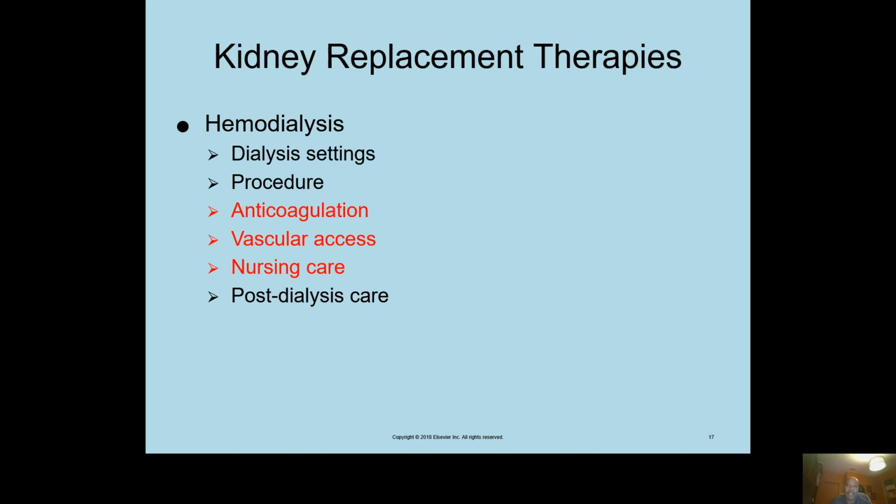Dialysate is the dialyzing solution, which contains a mixture of electrolytes and water, and it basically resembles human plasma. The patient's blood contains nitrogen waste products, excessive water, and excessive electrolytes. This is the abnormality that occurs with renal failure, and this is what we're going to fix with the dialysis.